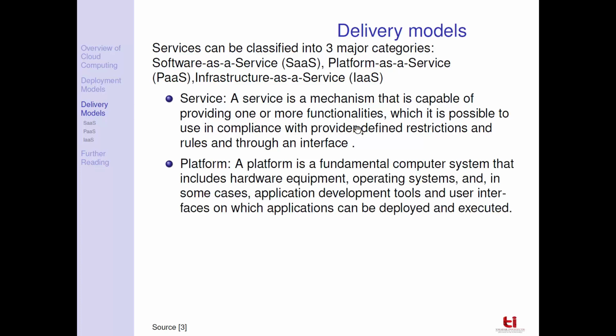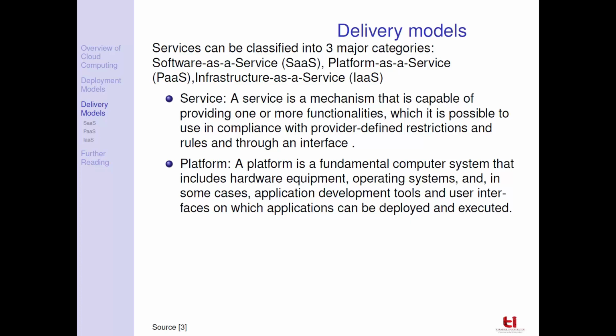A platform. So a platform is a fundamental computer system that includes hardware equipment. It also includes operating system, and it might also include application development tools and user interface on which the applications can be deployed or executed. So an example of a platform, let's say, is a Google App Engine.